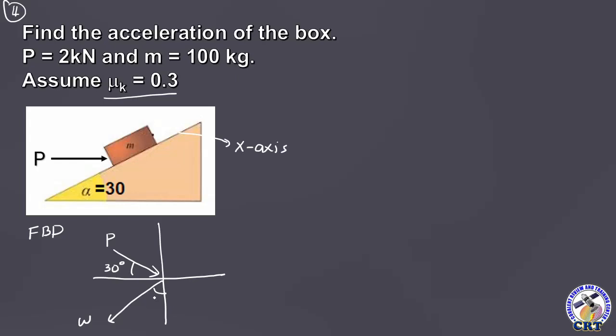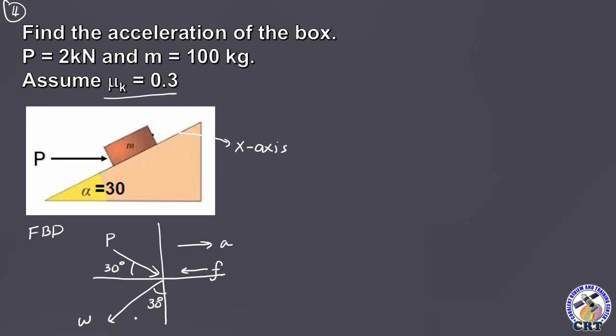W has an angle the same with the angle of the incline in this direction. While the direction of acceleration or the direction of motion is to the right, it is parallel with the x-axis or the incline. So if the motion is to the right, the acceleration is in this direction, also to the right. Therefore, there is a frictional force to the left direction.